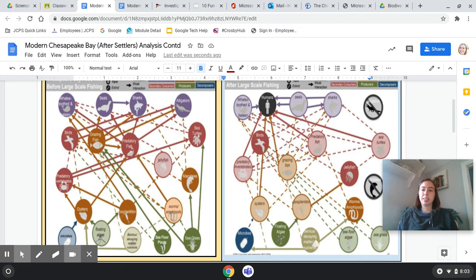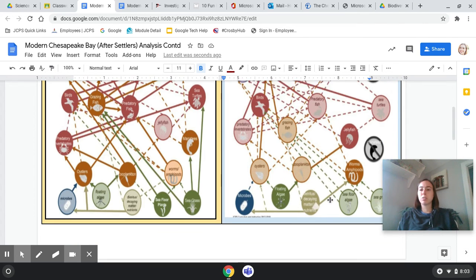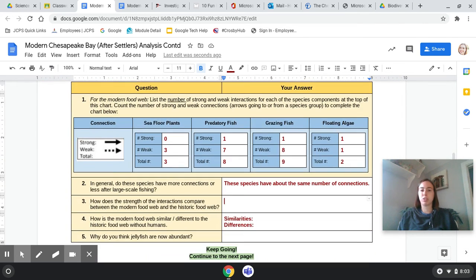So when I'm analyzing these 2 graphs, I've got my historic and then I've got my modern on the right. I see a lot more strong, bolded arrows in my historic food web. My modern food web has a lot more weak interactions with dotted line arrows. So that is what I'm going to put for my answer to number 3.